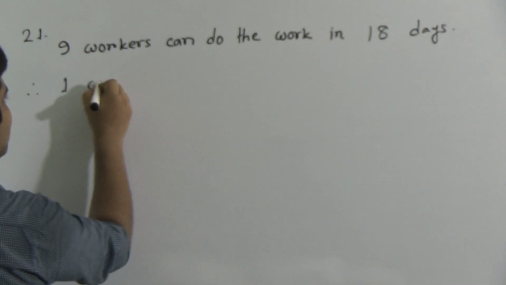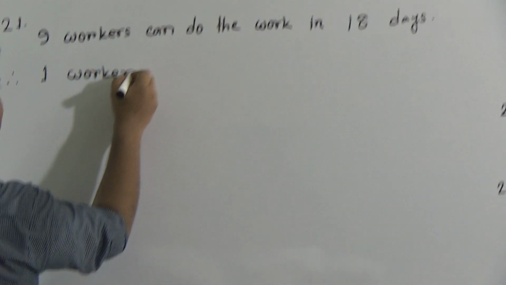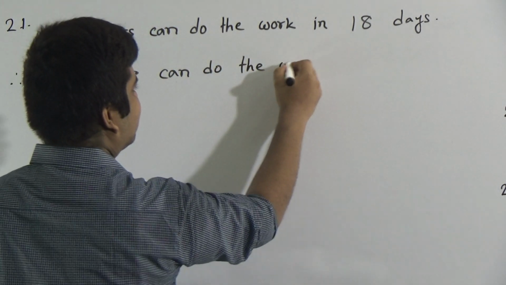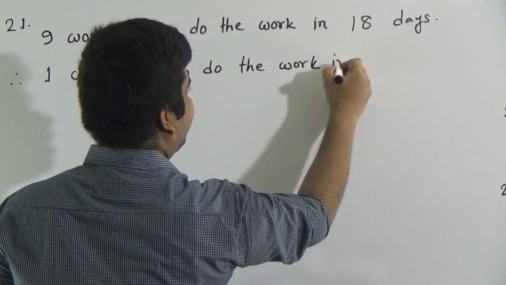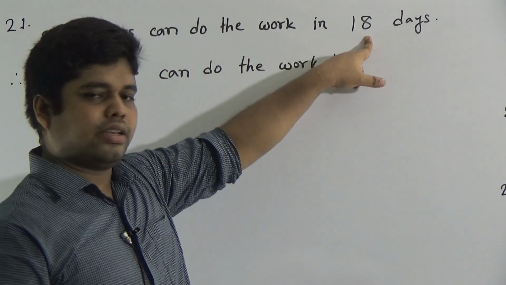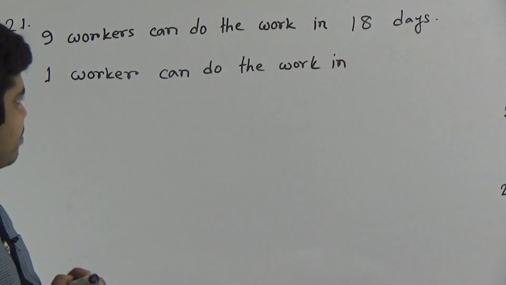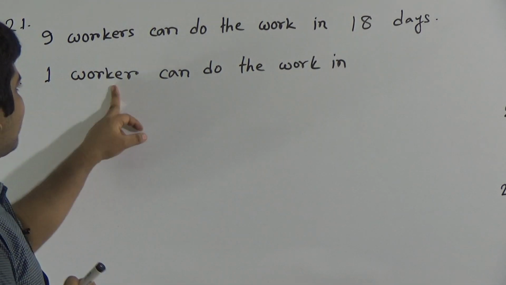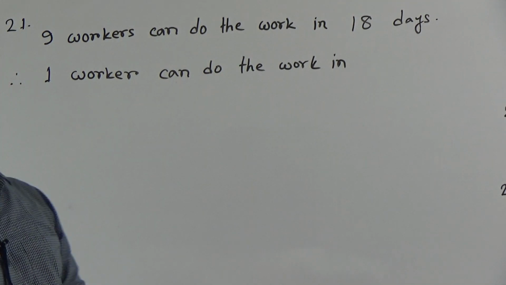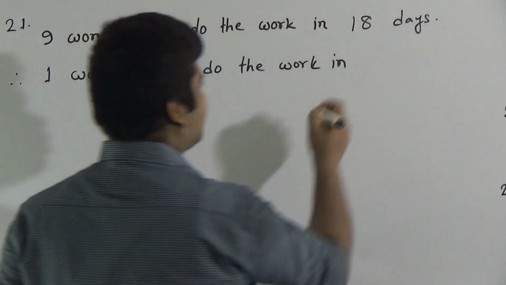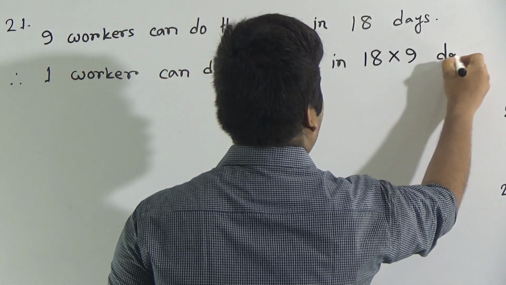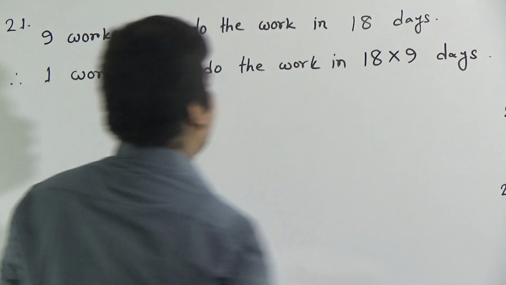So, 1 worker can do the work in, my dear students, notice 9 workers can do the work in 18 days. Same amount of work a worker can do in more days or less days? Must be more days. That means as more, multiplication will happen. 18 multiply 9 days. I hope you have understood.